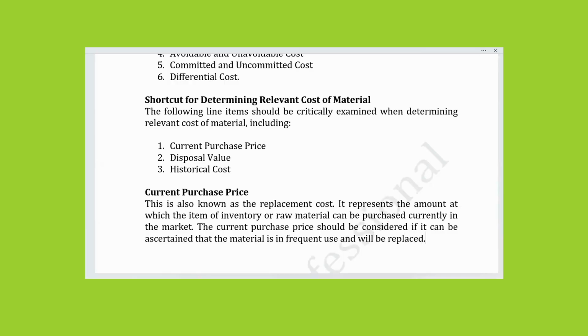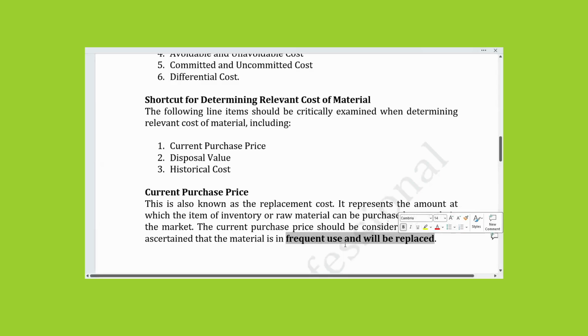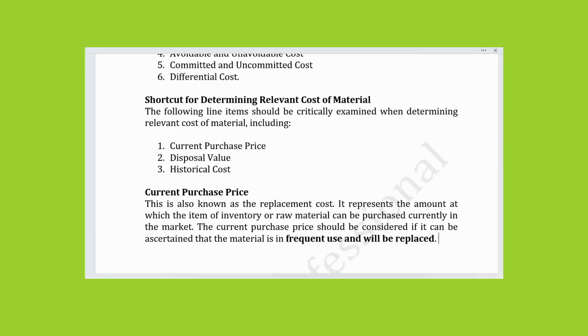Okay, let me highlight it. If it can be ascertained that the material is in frequent use and will be replaced, that's the key point there. All right, but the bottom line is that once you are given current purchase price or replacement cost in a question, it means that you have to use that figure.